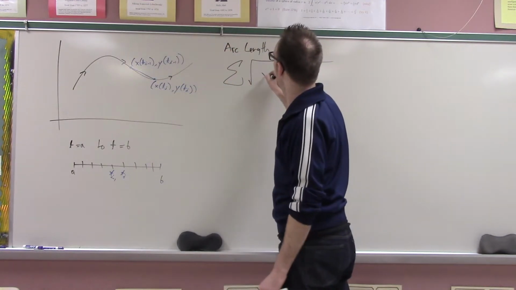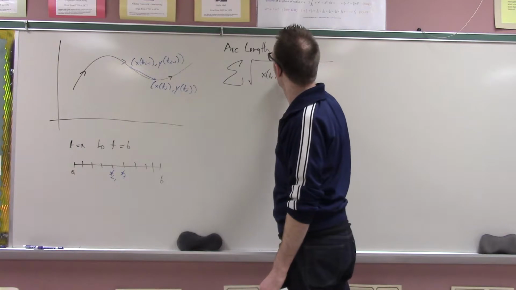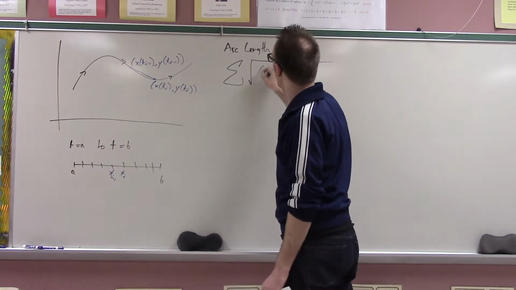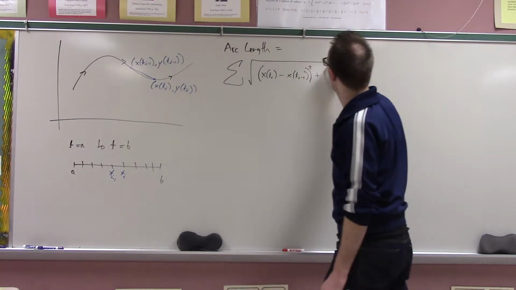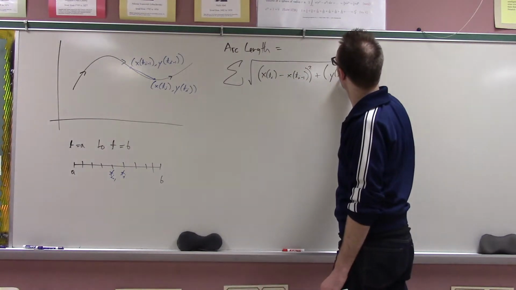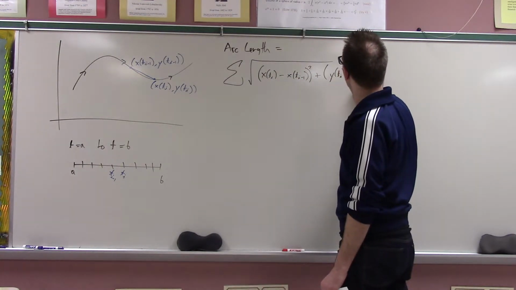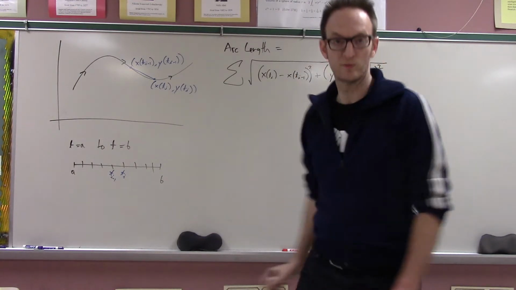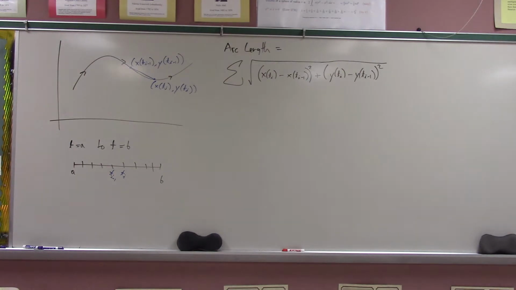So that's going to be x of t sub i minus x of t sub i minus 1, that quantity squared, plus y of t sub i minus y of t sub i minus 1, quantity squared.